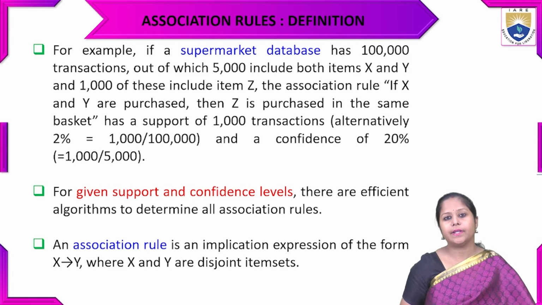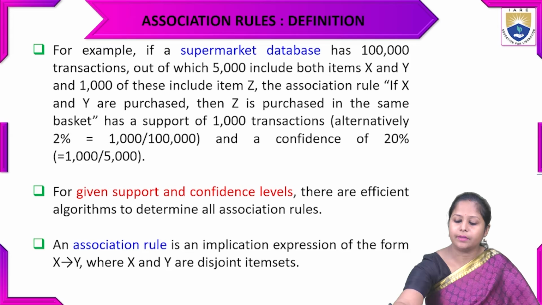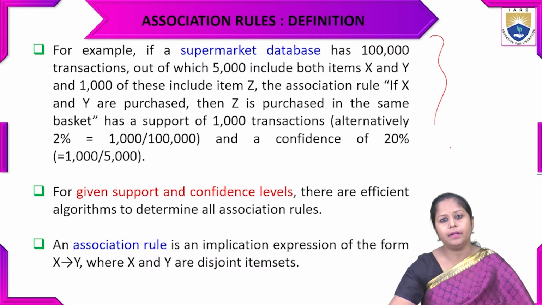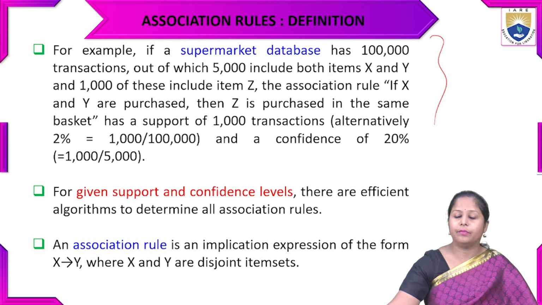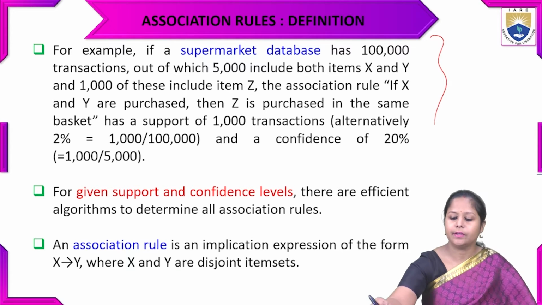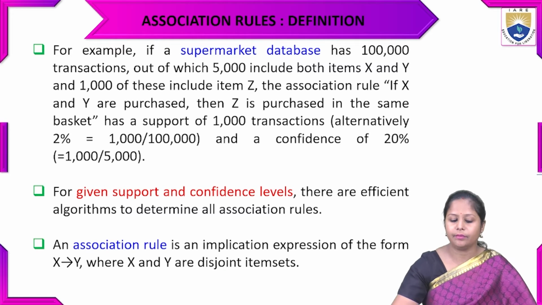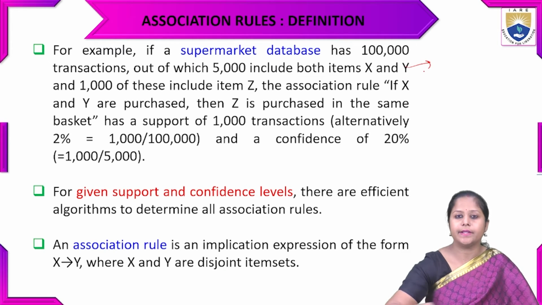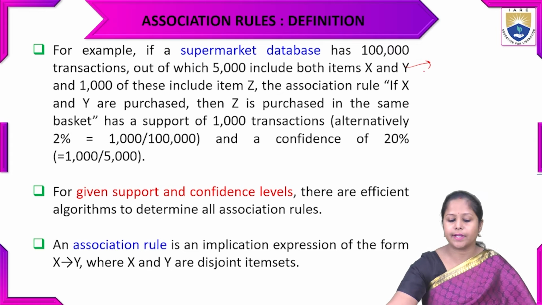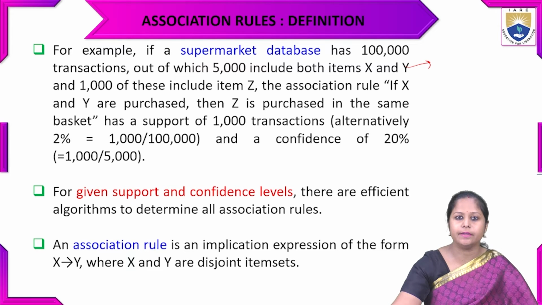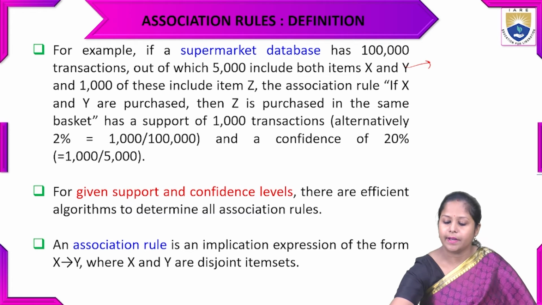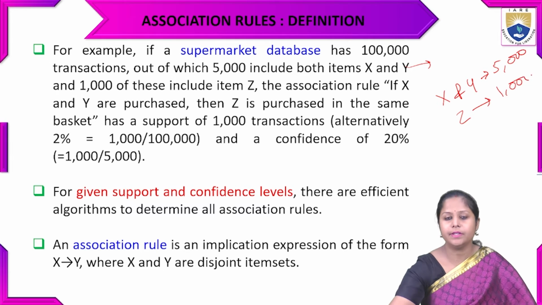Let us take a supermarket example. If there are 1 lakh transactions, out of which 5,000 transactions include both X and Y item sets, and 1,000 transactions have the item set Z. So X and Y occur 5,000 times, and the Z item occurs 1,000 times.